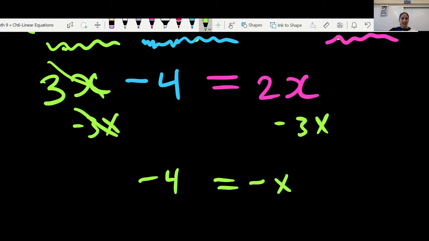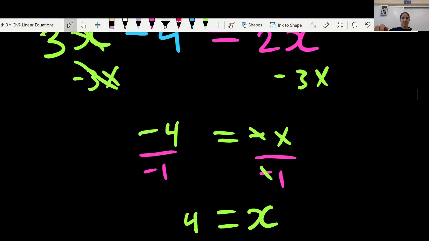We don't want a negative x, so our way of getting rid of a negative is we could divide both sides by negative 1. The other option is I could multiply both sides by negative 1, and I'm going to accomplish the same thing. Our whole reason for doing that is because a negative and a negative cancels out to give us a positive x. A negative 4 over negative 1 also gives us a positive, so it's positive 4.